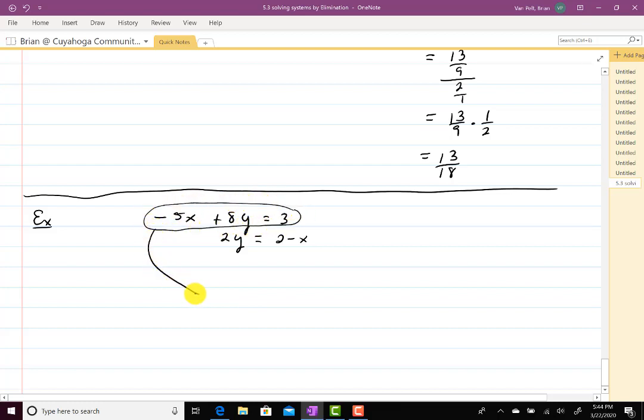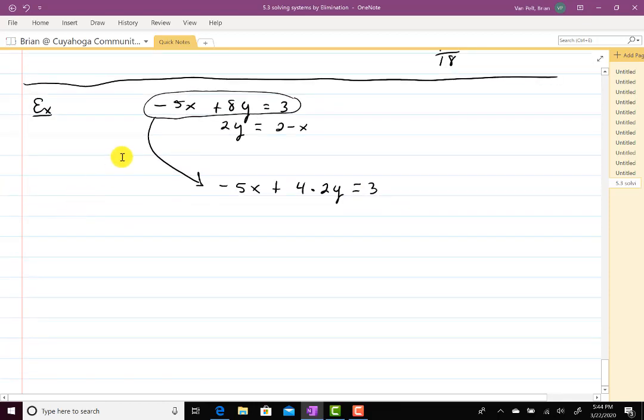In my mind, the first equation looked like the following. Negative 5x plus 4 times 2y equals 3. I couldn't help but see the 8y broken down as 4 times 2y. Why would I see that? Because I see a 2y here. That means all I have to substitute into this spot is the 2 minus x. So this 2 minus x can replace the 2y into that spot.